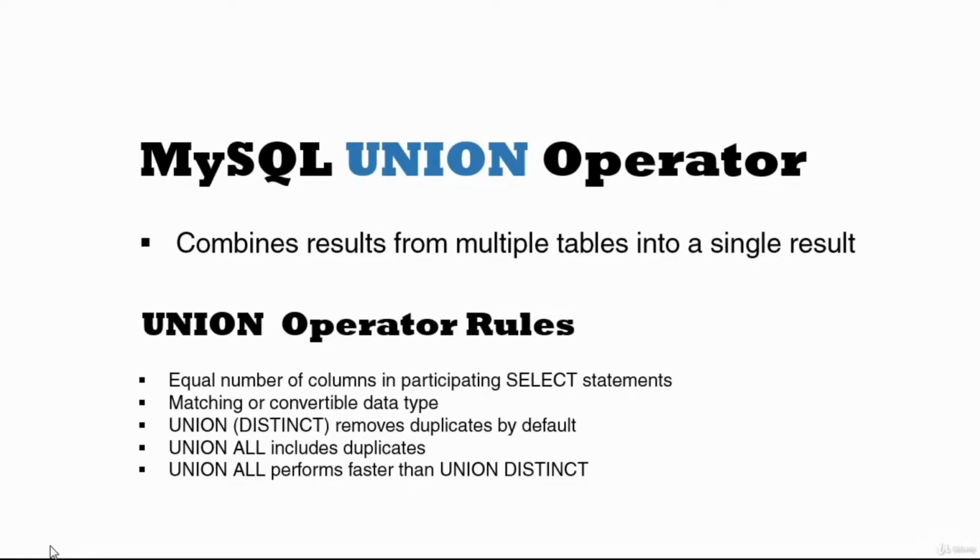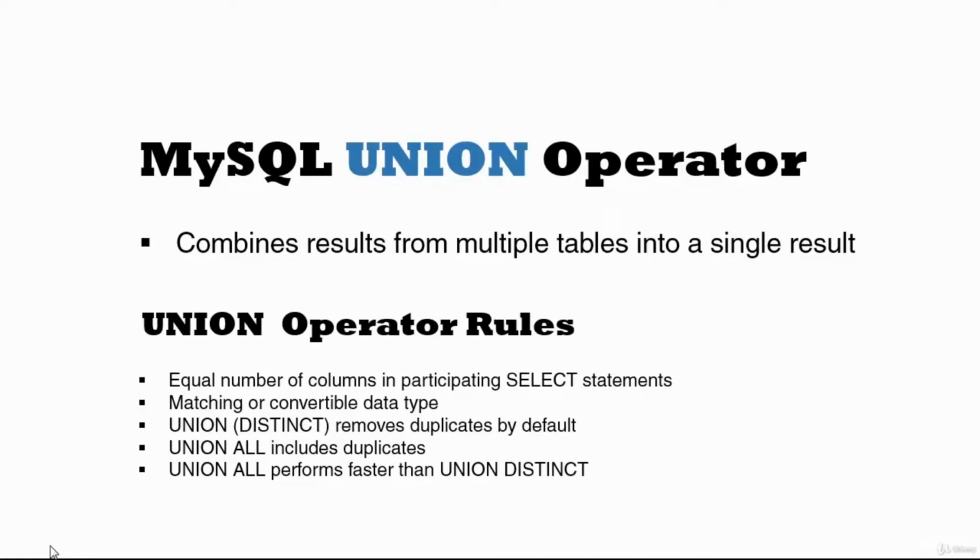With the union operator, by default, duplicate values are removed. When specifying a union operator, you can use it with distinct. If you use distinct, it will remove all the duplicates. Using it without distinct is still the same; by default, it eliminates duplicates.